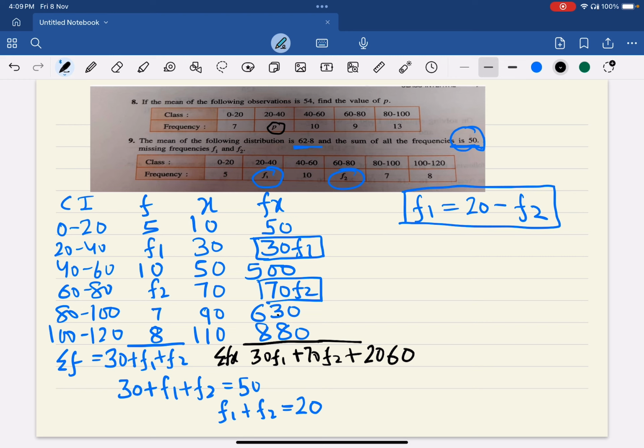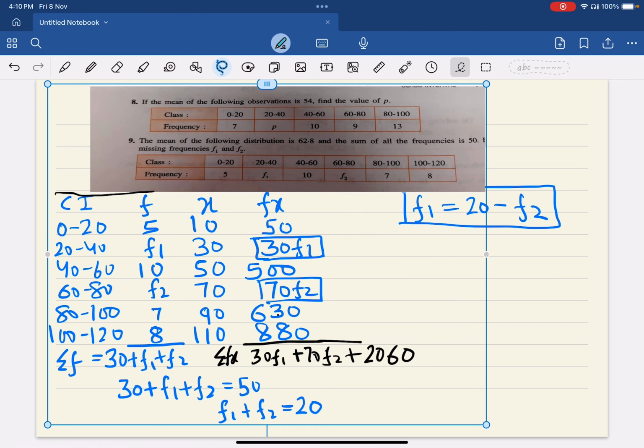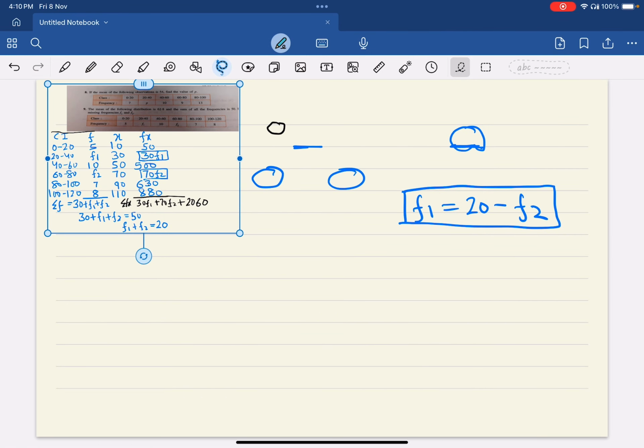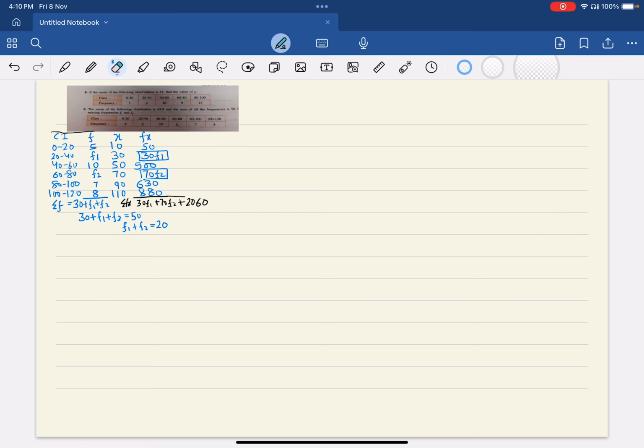Again, I will need some space, so I'll quickly rearrange this. I had written F1 as 20 minus F2. I could have written F2 as 20 minus F1. That also is not an issue.